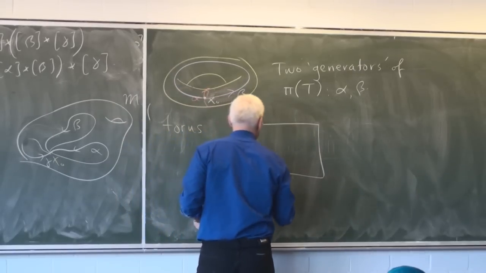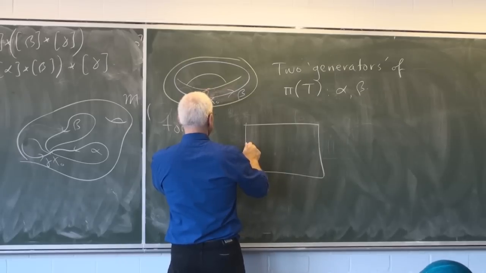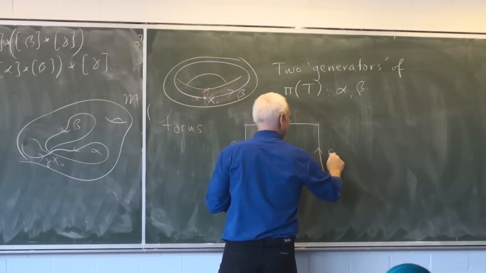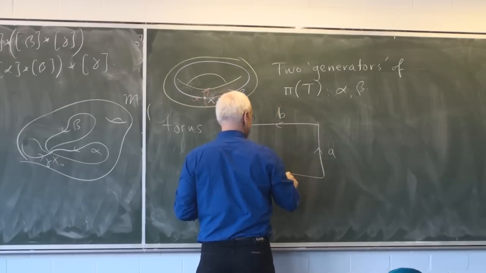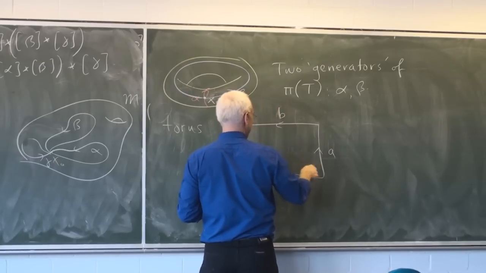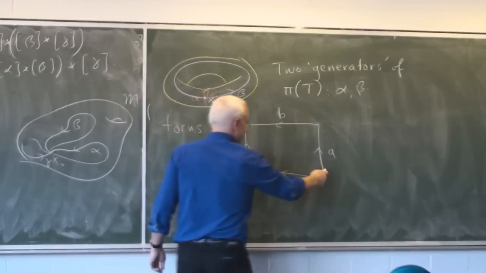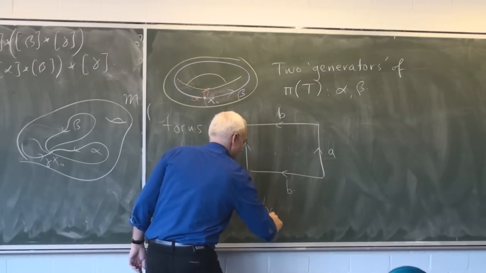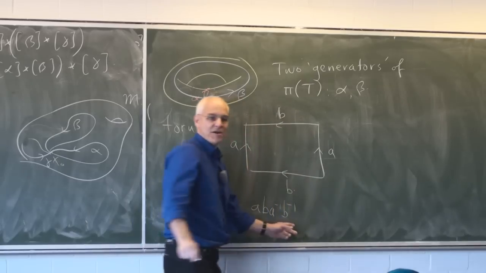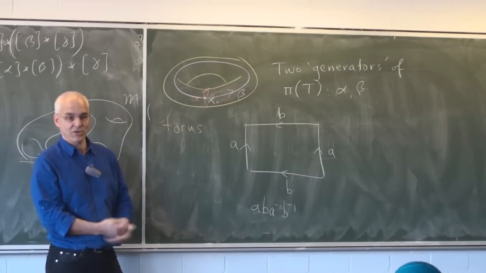So, for example, let's call that A and A, and say side B and side B. So reading around the outside, say starting from here, that would be A, B, A inverse, B inverse, which we recognize as our fundamental word representing a handle or a torus.